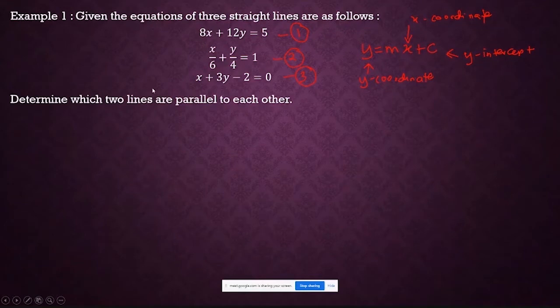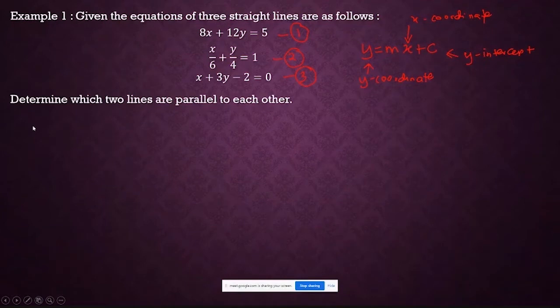So back in our basic notes, what are parallel lines? Two lines are called parallel lines if they have the same gradient. So you must check the value of the gradient of all three given lines.